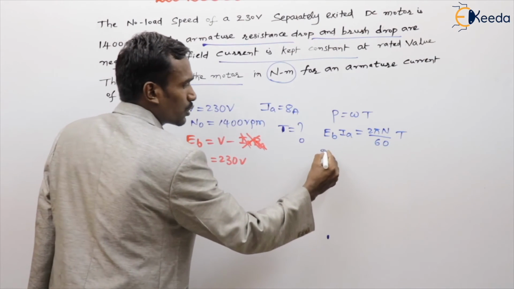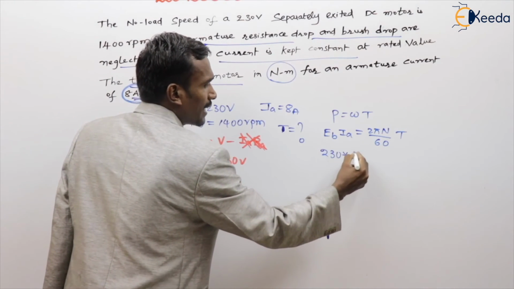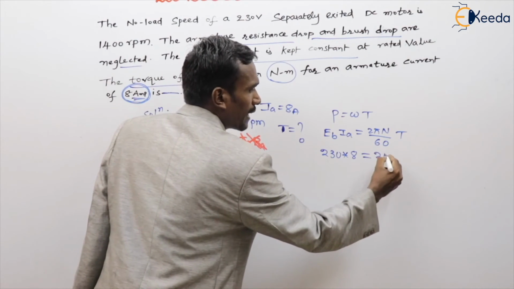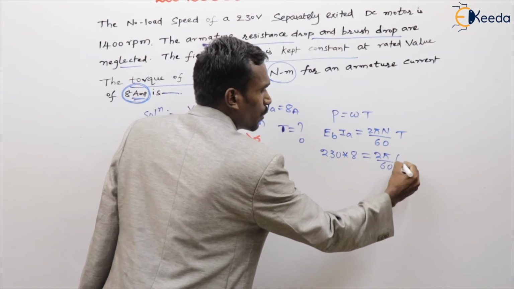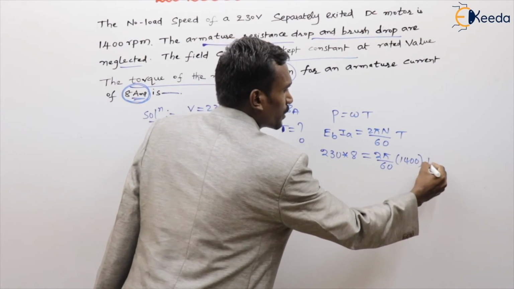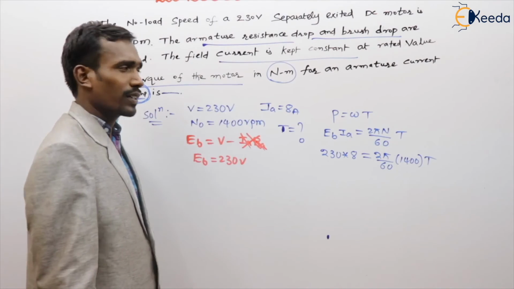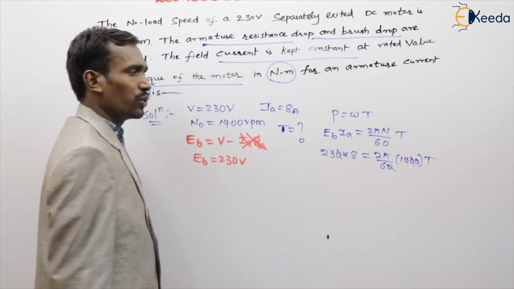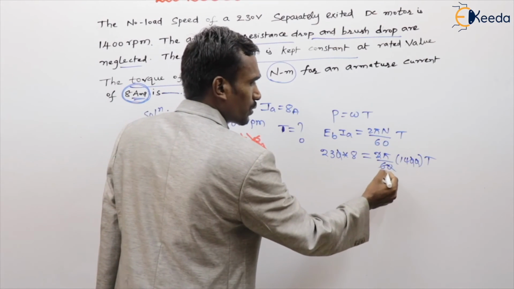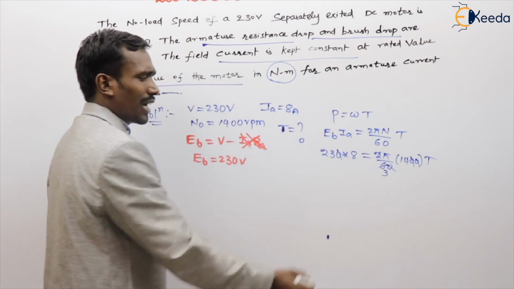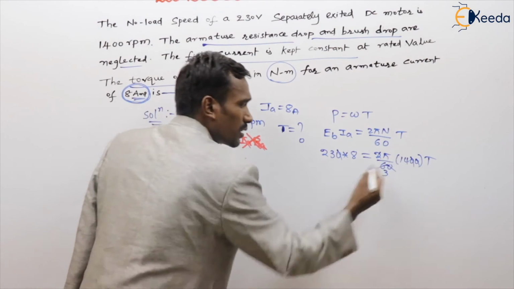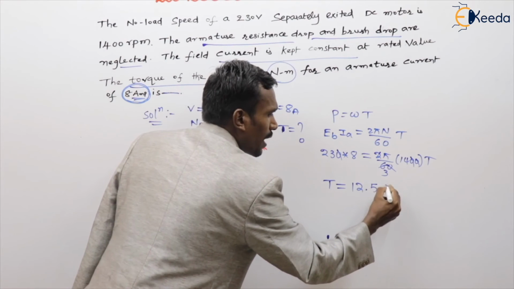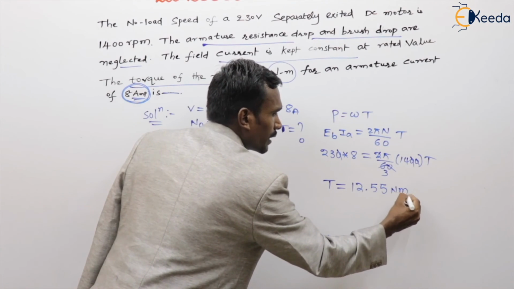Substitute EB as 230 and IA as 8, which is equal to 2 pi by 60 into 1400 into T, the torque T. If you calculate all these values, then the torque T is equal to 12.55 Newton meters.